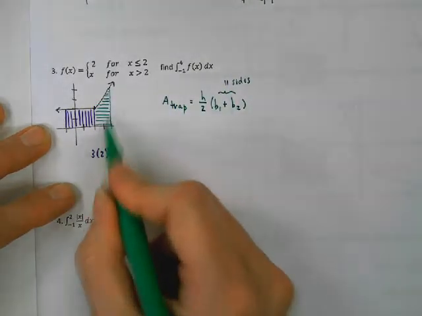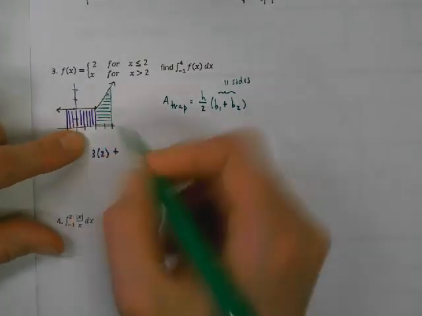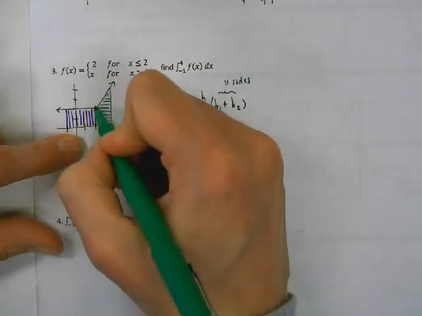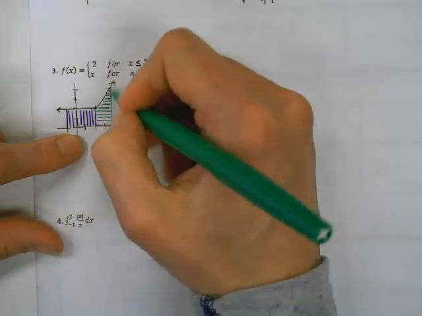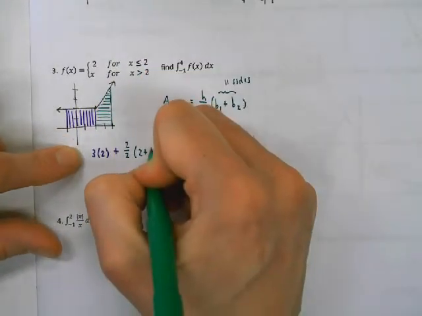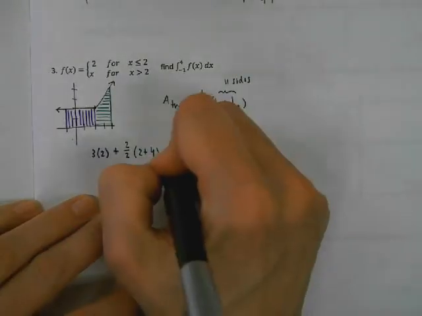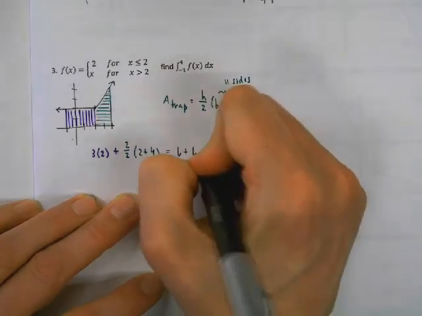So in this case, my height is 2, so I have 2 over 2. Now my one parallel side has a length of 2. On this end, this is 4. So now I've got the two pieces that are going to make up that area. So I have 6 plus 6, and I get an area of 12.